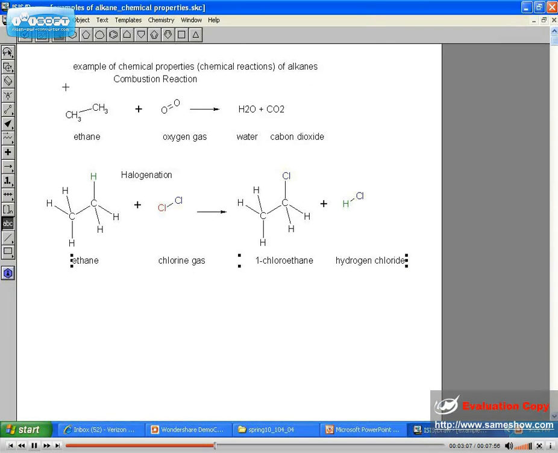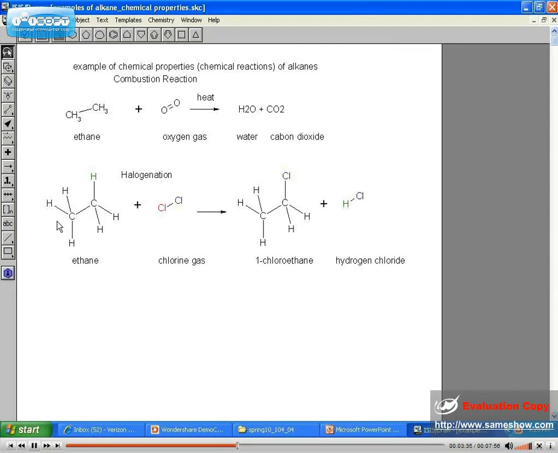On the top one, we have a combustion reaction. Here I have ethane, for example. It's any alkane or cycloalkane. And we combine it with oxygen, and really we should put in here, it requires a catalyst such as heat, go figure. And it produces water and carbon dioxide.